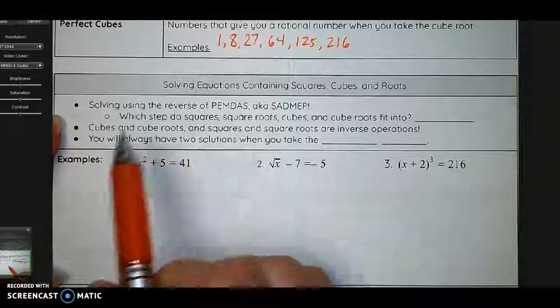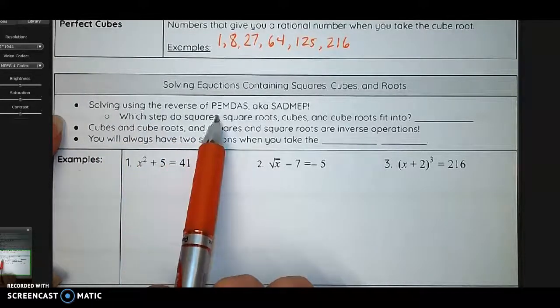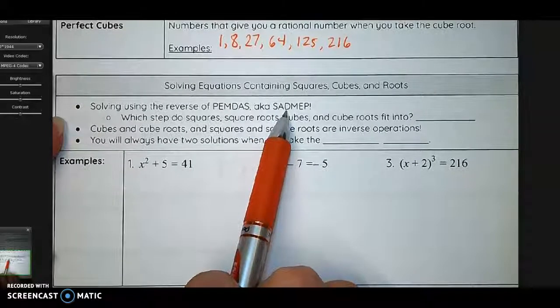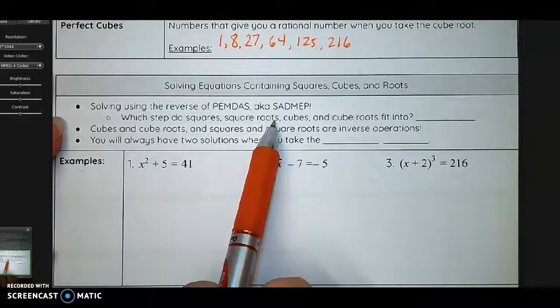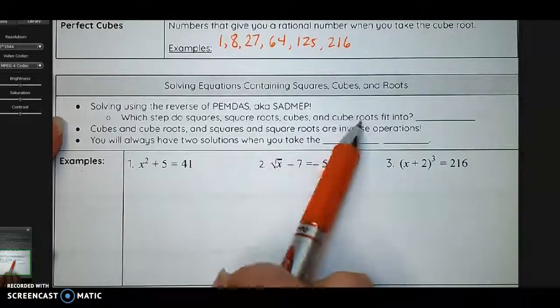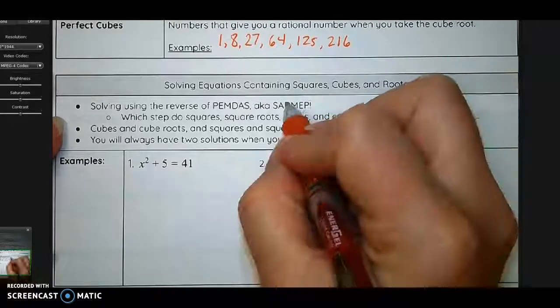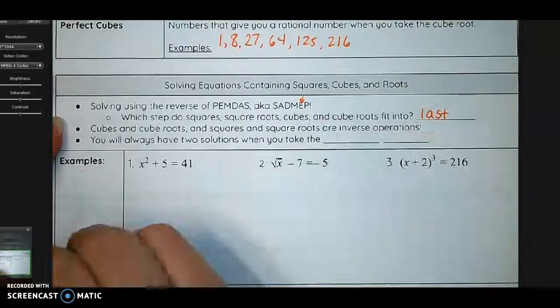So if I'm solving using the reverse of PEMDAS, aka SADMAP, right? Which step do square roots and cube roots fit into? They're going to be the very last step here. Almost the very last step.